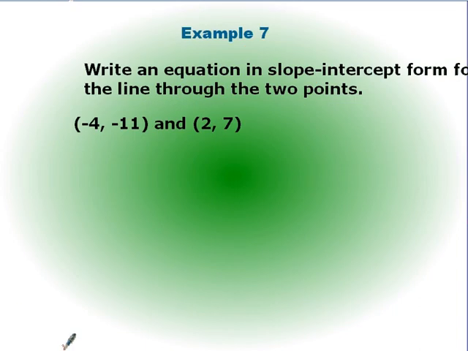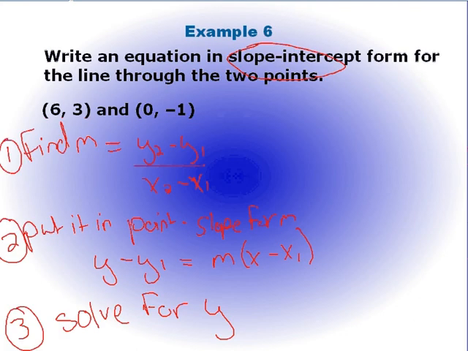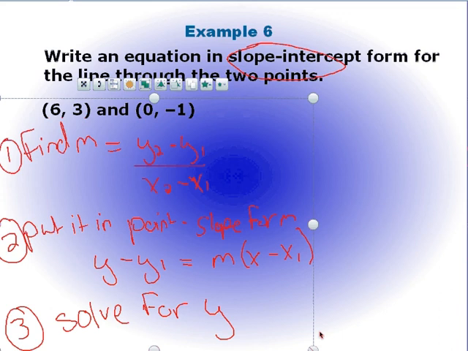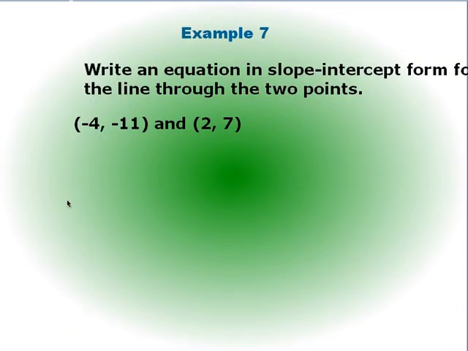Aha, another one. Same thing, you're going to want to do exactly the same thing that you did on the last problem. So let me copy all this stuff. Copy it. Move to the next slide. Paste it.